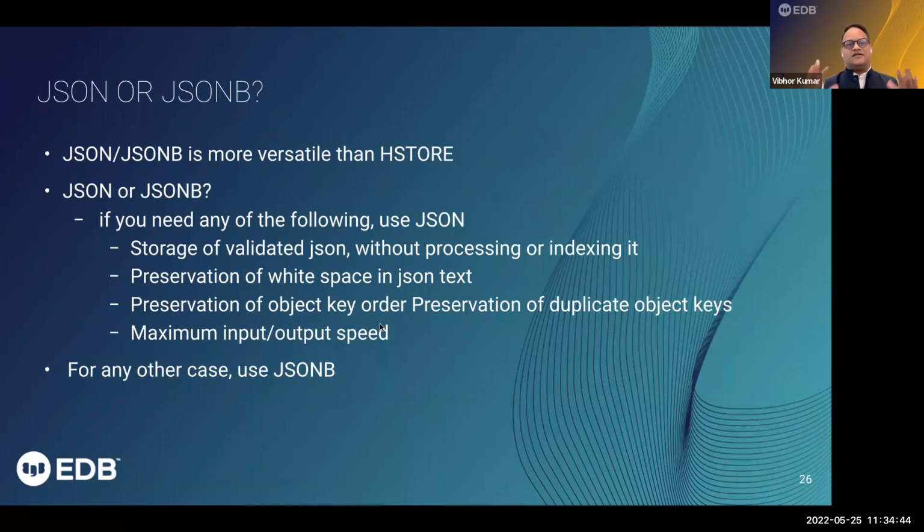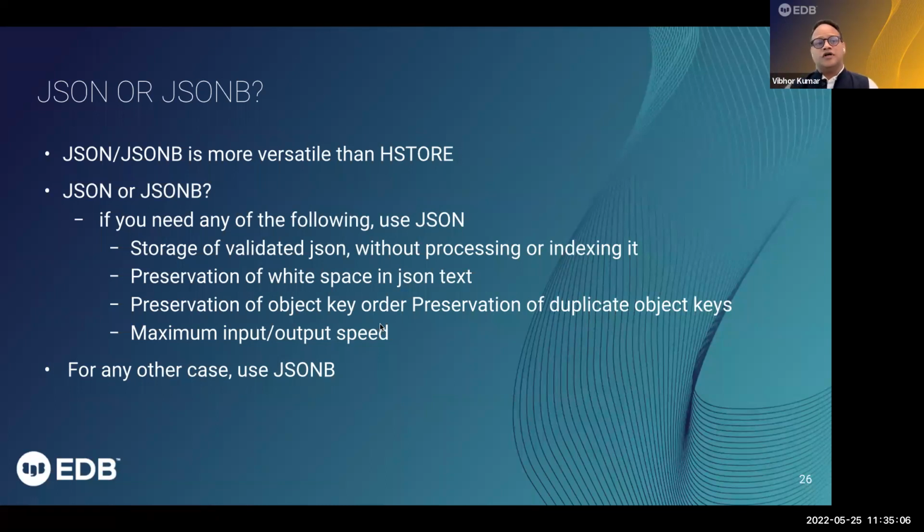Now, coming back to our webinar, as you know Postgres supports 2 different JSON data types, JSON itself and JSONB. The question comes when to use which one, right? First of all, Hstore is one more data type. If you have a simple plain structure for key and value, you can use Hstore or you can use JSON, right?